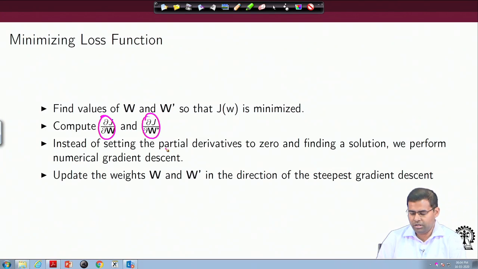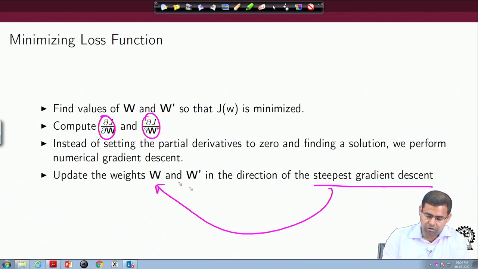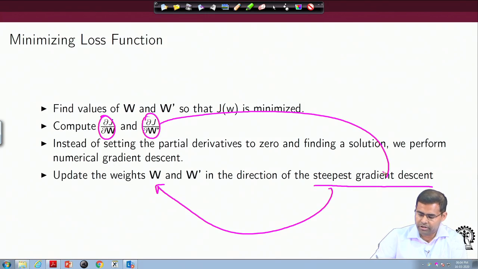That gives you the steepest gradient descent, and in these directions you re-estimate both w and w prime, and accordingly you again re-evaluate these values. So you use these parameter values to figure out the direction of the steepest gradient descent, and in that direction you do a re-estimation.